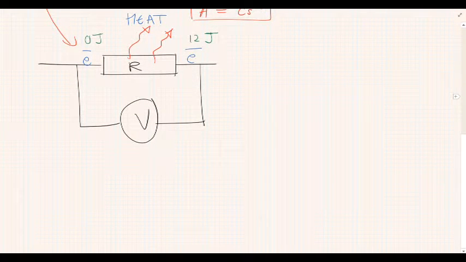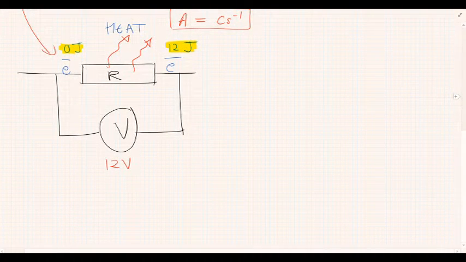So the voltage is a measure of the potential difference, which is kind of like saying the energy difference across two different sides of the resistor. So in this case, we would measure the energy difference across a resistor as being equal to 12 volts. And what that means is that every electron, as it's moved across the resistor, has lost 12 joules of energy.